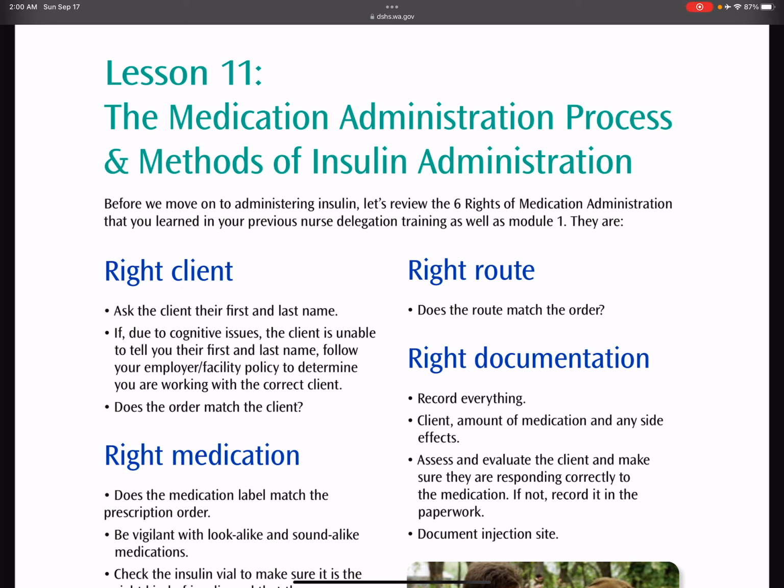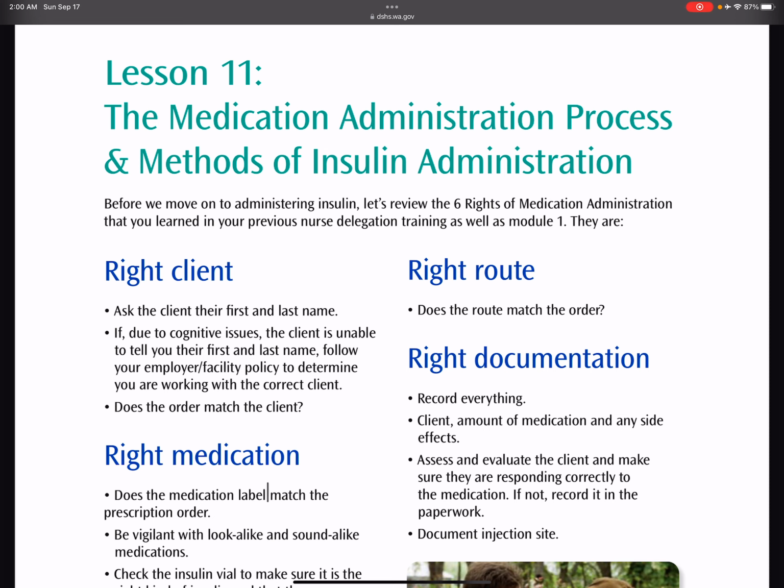If the client is not able to tell you, we have to follow the employer or facility policy to determine who you are working with, and then match their name with the order.